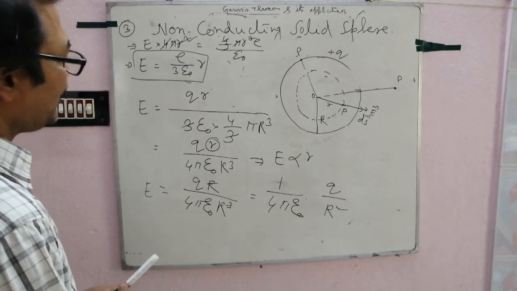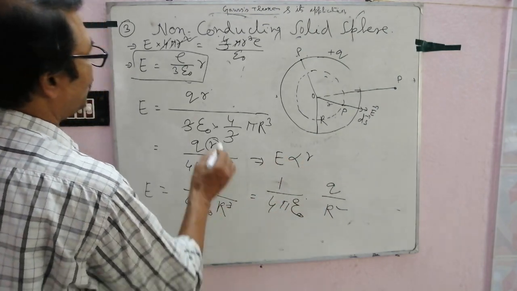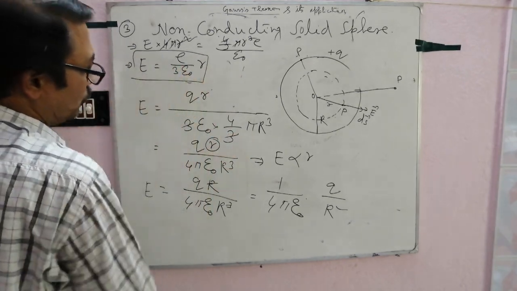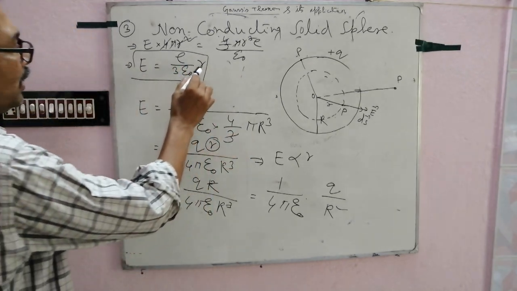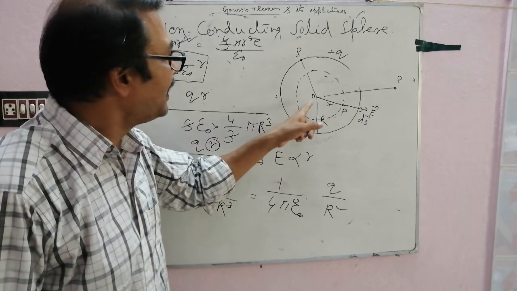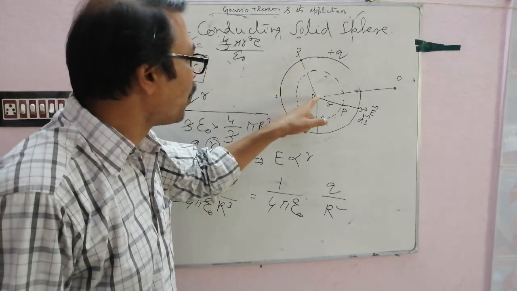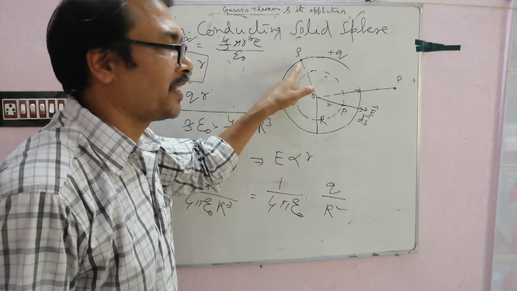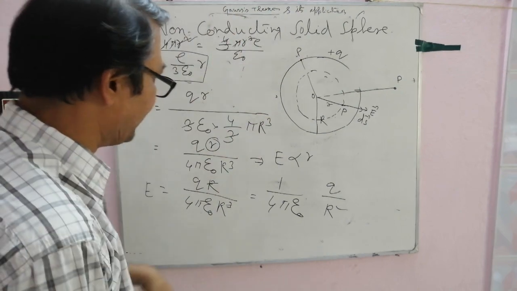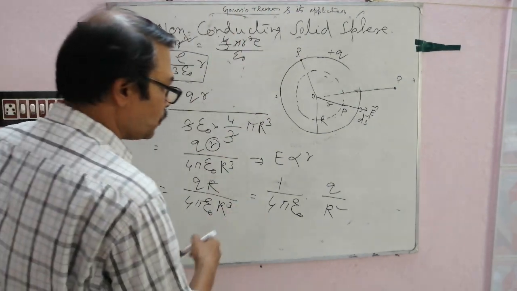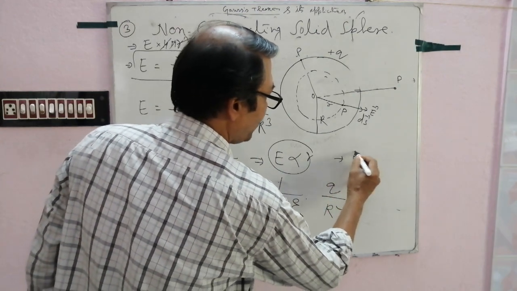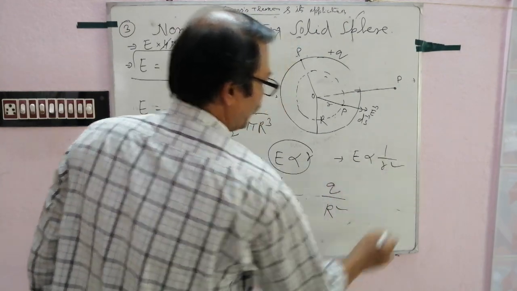Now if we draw in another form, you may write capital R instead of r. So the maximum field is at the surface; the field is increasing from center to surface, and then decreasing, increasing according to this formula and decreasing according to this formula.